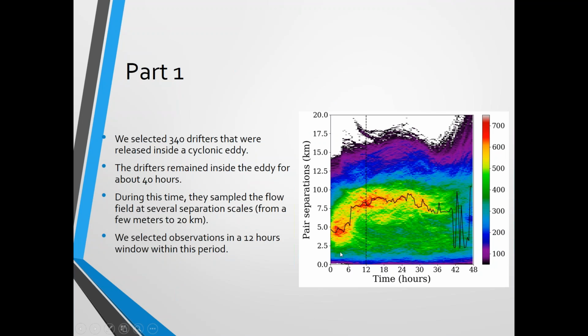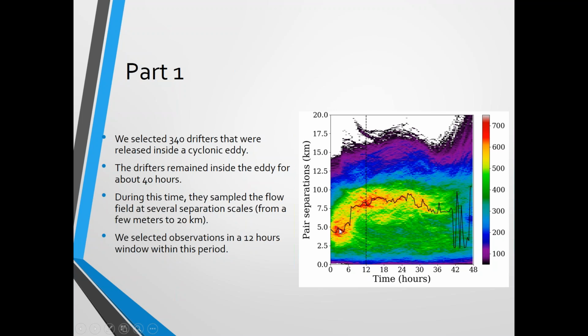Here in this image, I have the evolution of histograms of pair separations. In the beginning, after the last drifter deployment, you have drifters apart from a few meters to 15 kilometers, while most of them are inside a mode of about 5 kilometers.